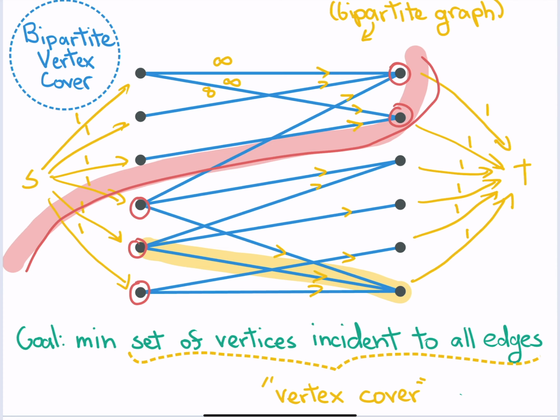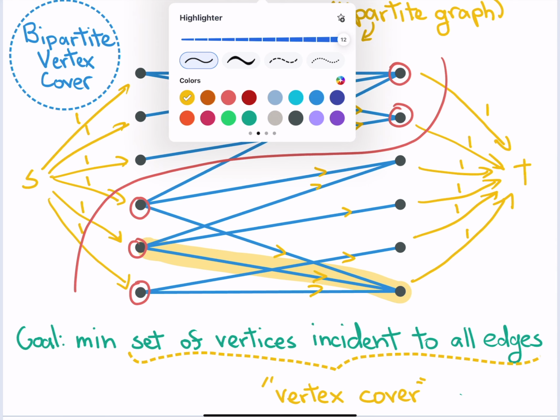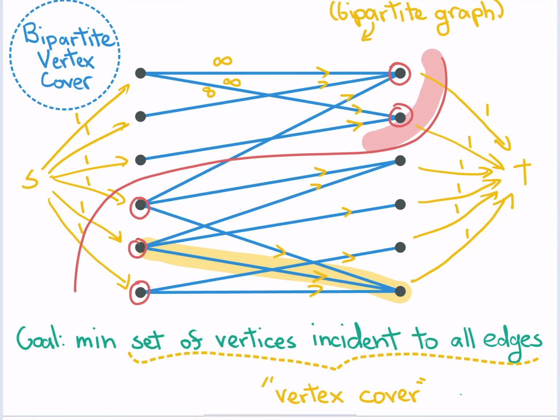Conversely, I want to argue that if I had a vertex cover, so if I just had 5 vertices that formed a vertex cover, I would be able to look at it and say those will give me an ST cut. So how come every vertex cover will give me an ST cut?